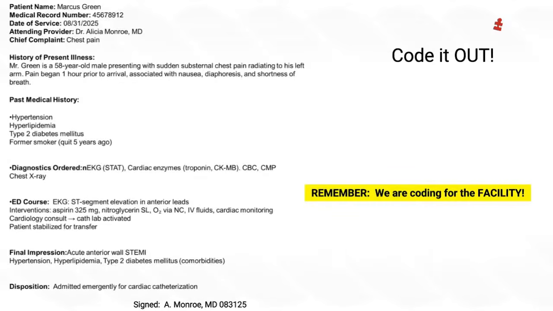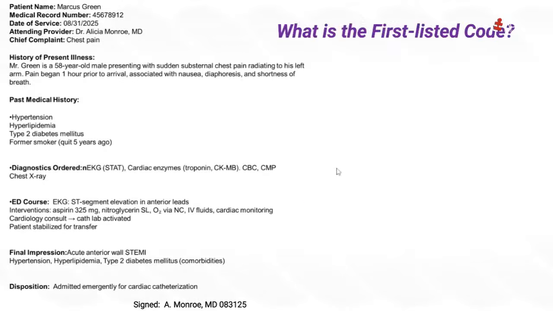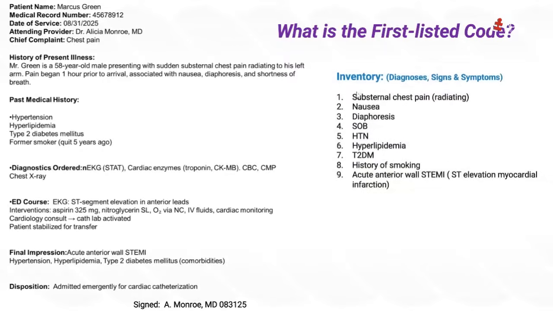And you all are rocking it. All right. So, what is the first listed code? This is what I would do: I would write down all diagnoses, signs, and symptoms because you got to know what you're going to select from, and if you can, do it in order.